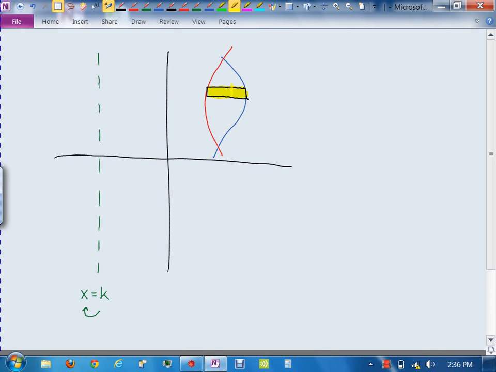Except I'll have an outer and inner, which will be distances you have to look at. Your outer one is from there, and your inner one is here. So integral from c to d instead of a to b, pi, outer squared minus inner squared, dy.